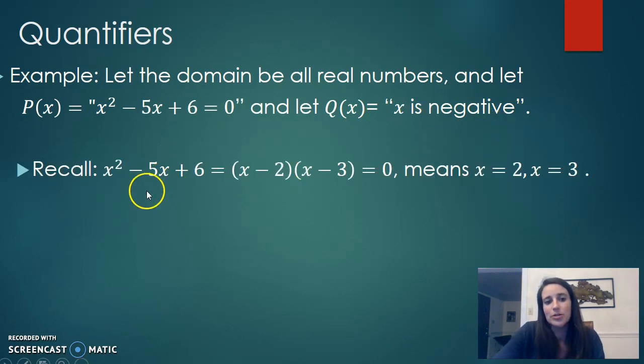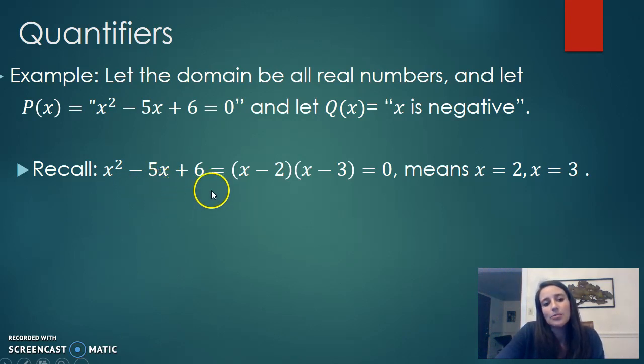Now recall from algebra that x squared minus 5x plus 6 factors. When we try to factor a quadratic, we're looking for two numbers that multiply to be the constant. So in this case, we want them to multiply to be positive 6, and we want them to add to be the middle term, so we want to add to be negative 5.